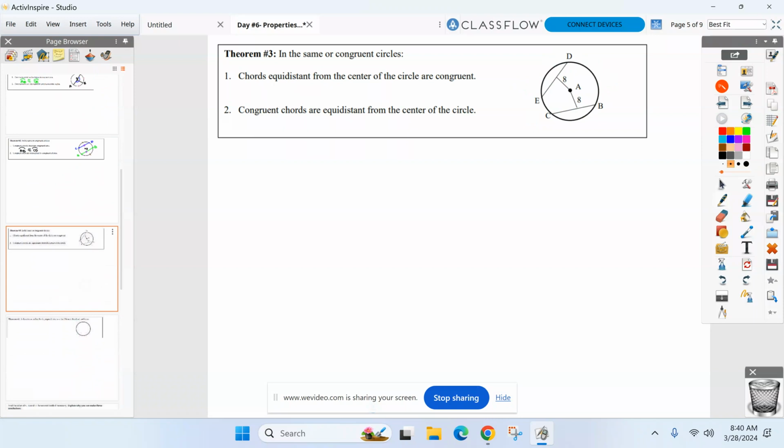If you've got 2 chords the same distance from the center, they're going to be congruent to each other. So this one's saying chord DE would be congruent to chord CB. Two chords equidistant from the center are congruent. All right, chords only, chords only.